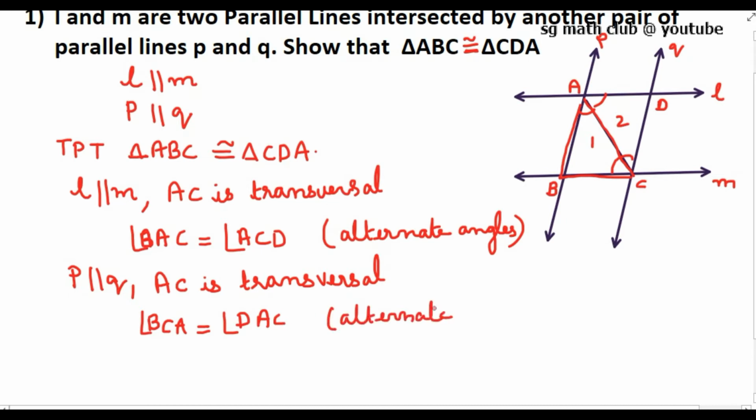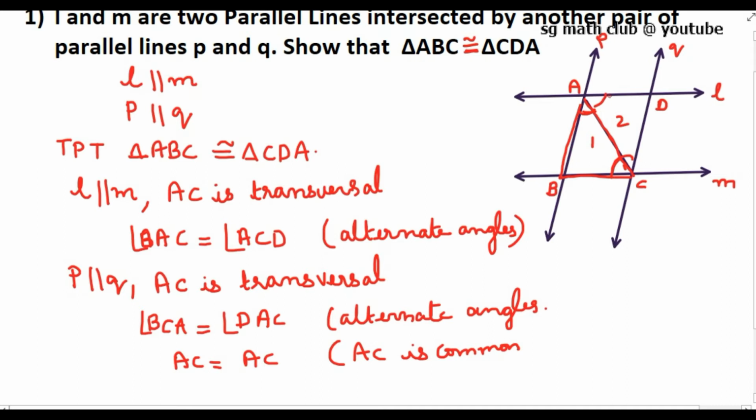Now one more parameter we need to prove that these two triangles are congruent. For these two triangles, which side is common? Side AC is common. So I can write AC equal to AC, because AC is common for both the triangles. So we can say angle, side, angle.